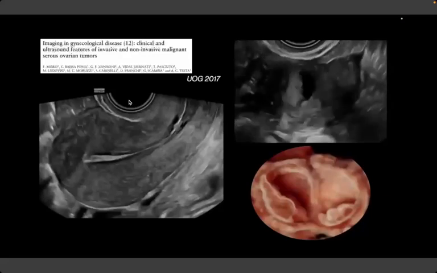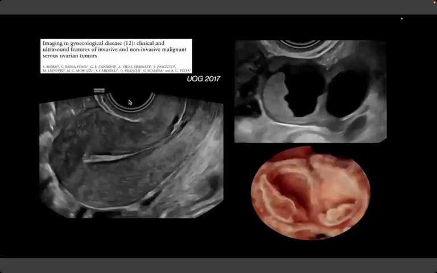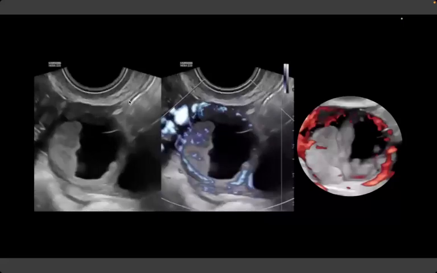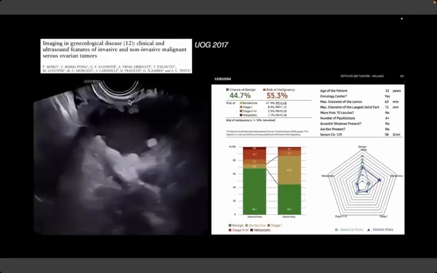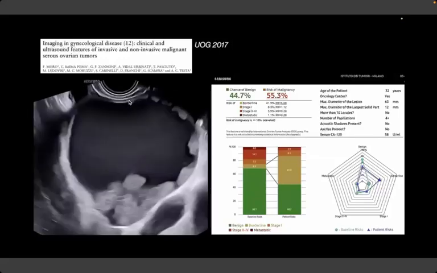And above all, this kind of papillae have a vascularization that is generally hierarchical with the branches, as we can see in the middle with MV flow. Let's look at another case of borderline ovarian tumor with multiple and disseminated papillae.